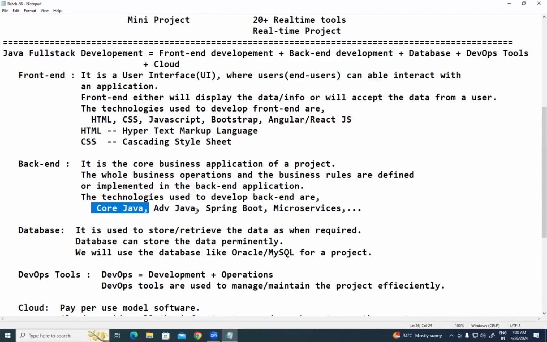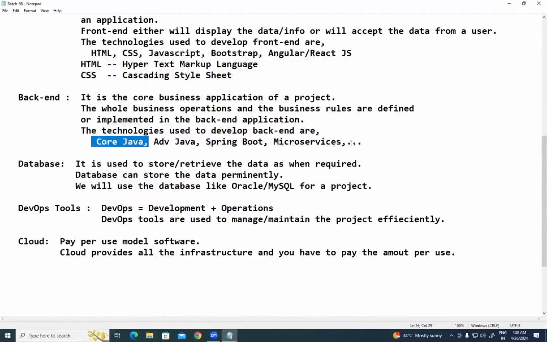Later on, you will find advanced Java, Spring Boot, microservices, Hibernate, and some design patterns. Coming to database, obviously you are going to work with Oracle and MySQL, and also MongoDB.